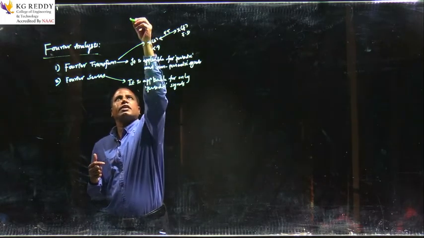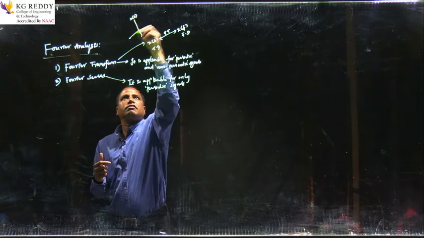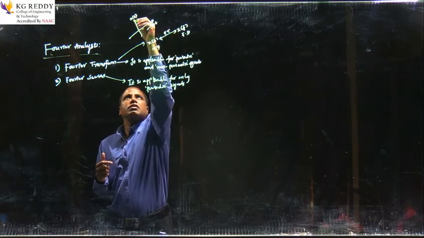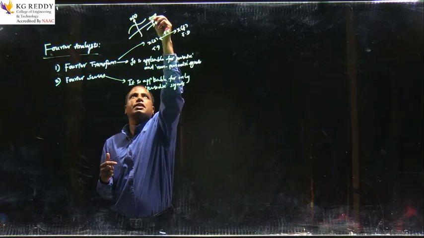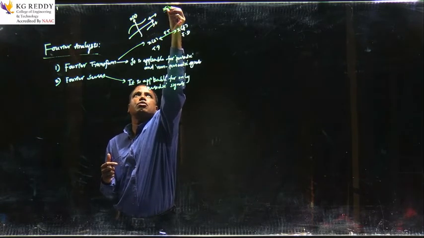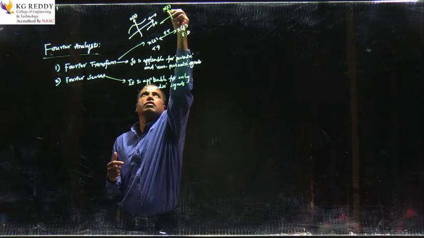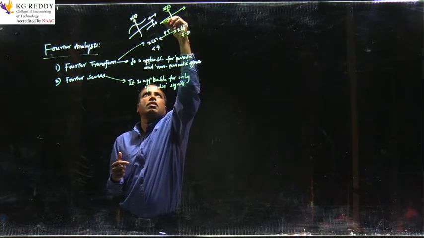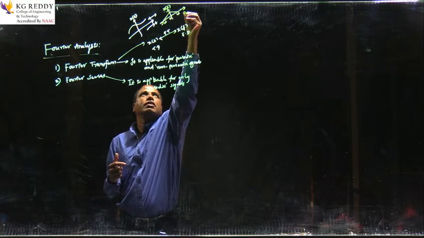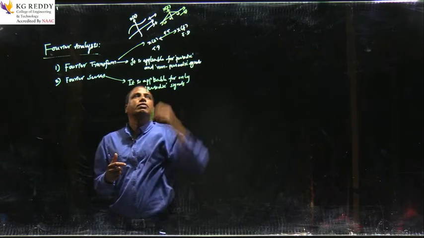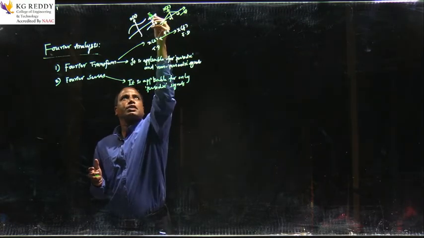Example, if I take x of t versus t, this is my time domain signal. After the application of this Fourier transform, just to give you the example, it is like this, 0, so minus omega to plus omega, and this is f. So this is an application of Fourier transform.